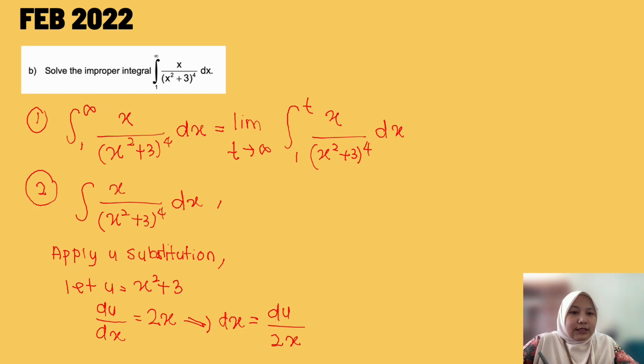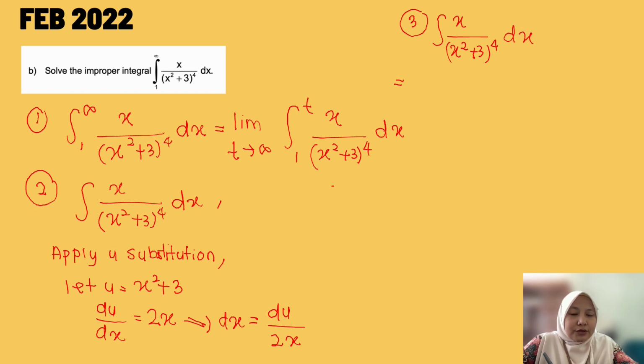For the third step, we will substitute everything inside the integral. We have x over (x squared plus 3) to the power of 4 dx.